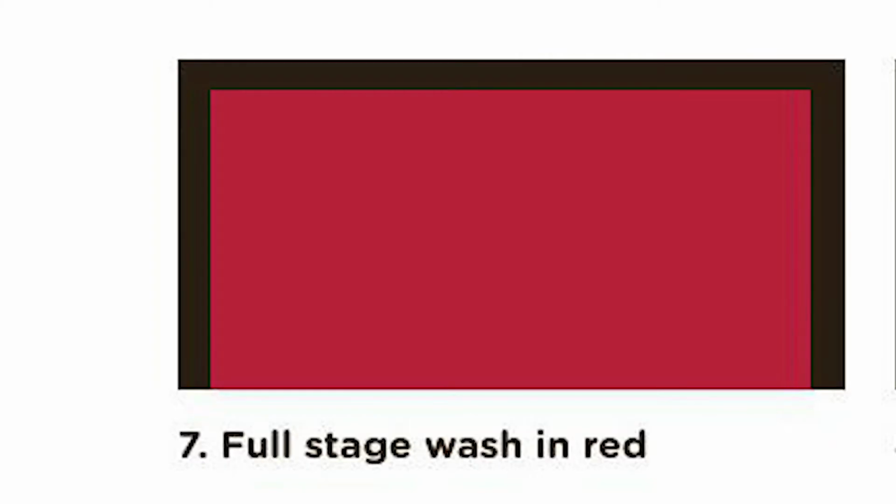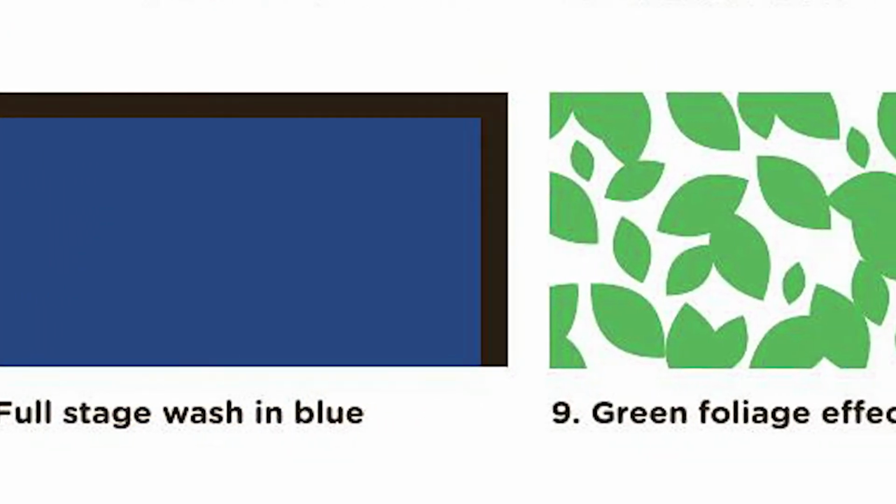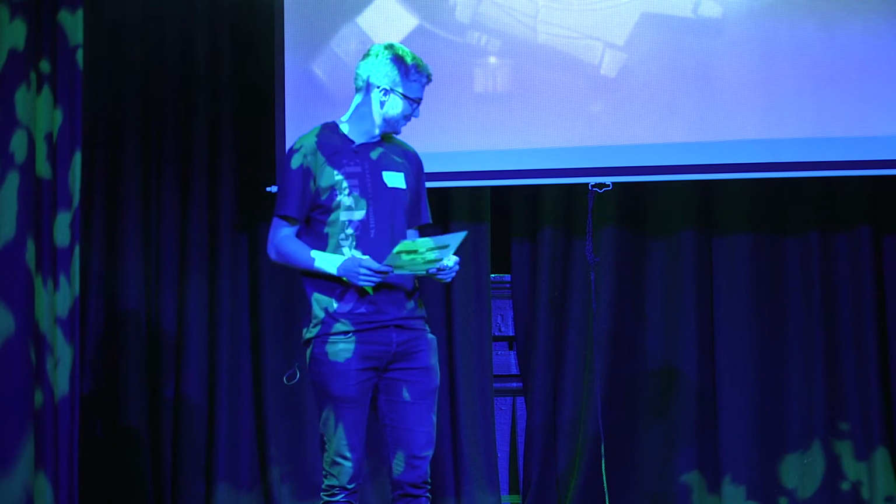And then we've got that in multiple colours. We've got that in red, and we've got it in blue. And we also have the foliage effect. The wonderful foliage effect.